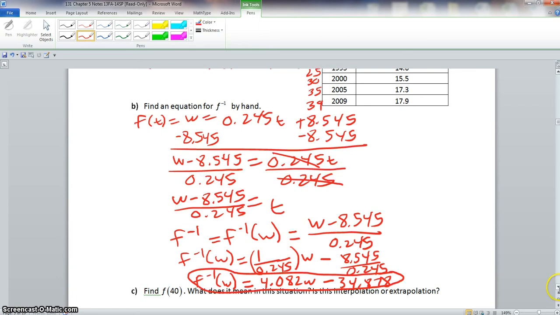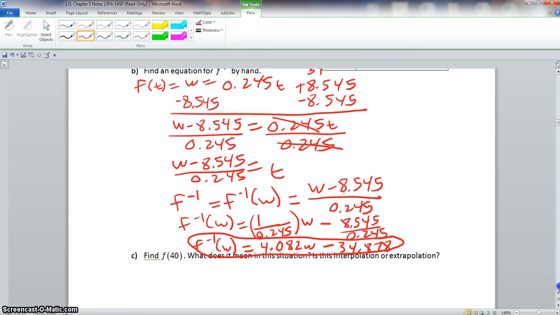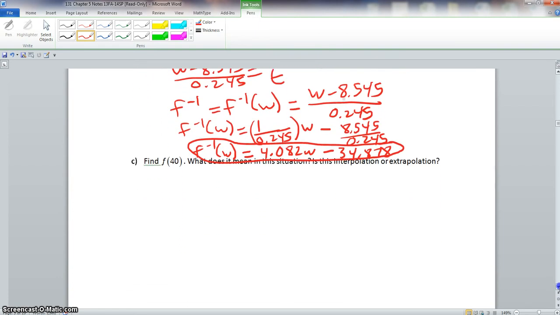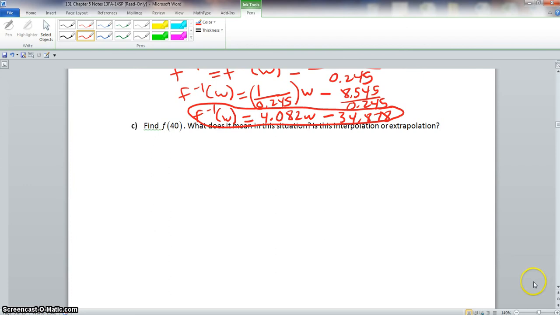Now, our next step, it says C, find f of 40. What does it mean in this situation? Is this interpolation or extrapolation? So this f of 40 basically represents 40 years since 1970, which is technically 2010 if you add 40 to 1970.